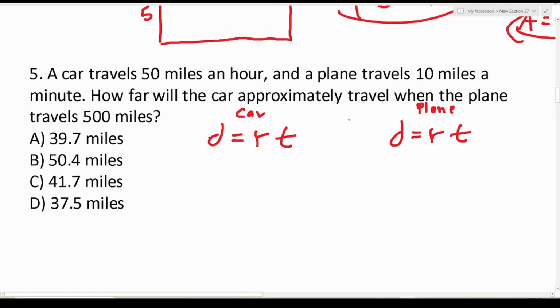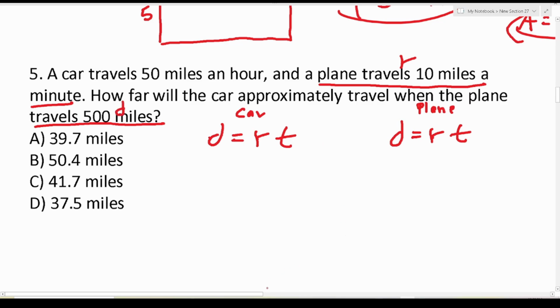So let's read through this problem one more time to figure out what we have going on. We're told this plane travels 10 miles a minute. Well, believe it or not, that's a rate. Again, imagine if that said 10 miles per hour. You would say that's a rate. Well, 10 miles a minute is also a rate. It's just in terms of minutes. And likewise, we know the plane travels 500 miles, so that's our distance.